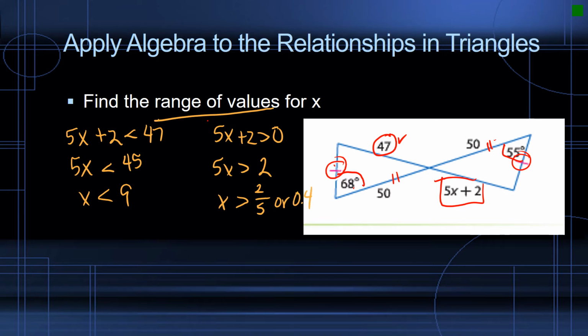And so then in expressing my range of values, x has got to be greater than 0.4, but x also has to be less than 9.